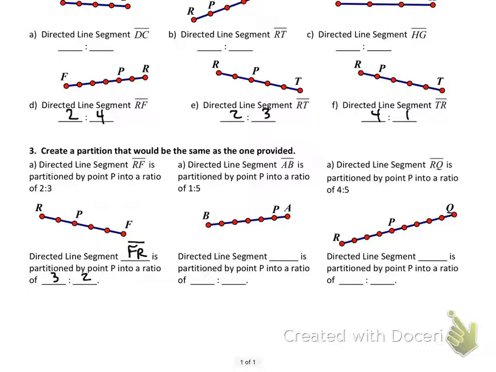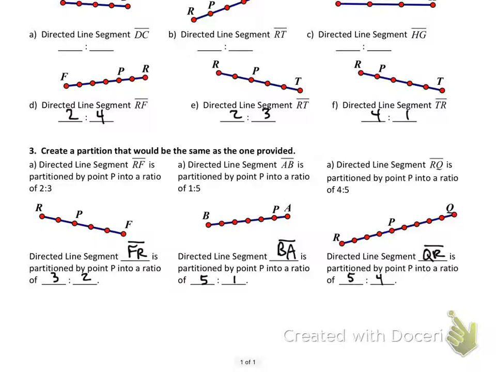Really nothing more to it. And good job there. So we can answer the next two really right away. So directed line segment, so for the next part, what is it going to be? BA is the line segment, and the ratio is 5 to 1. And the last one, the directed line segment will be QR with a ratio of 5 to 4. Yeah, so if you've done one of these, you get the idea.